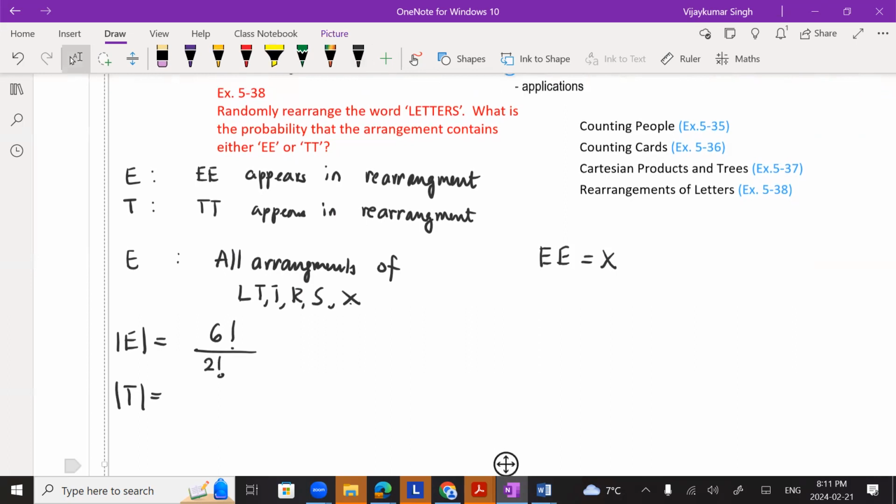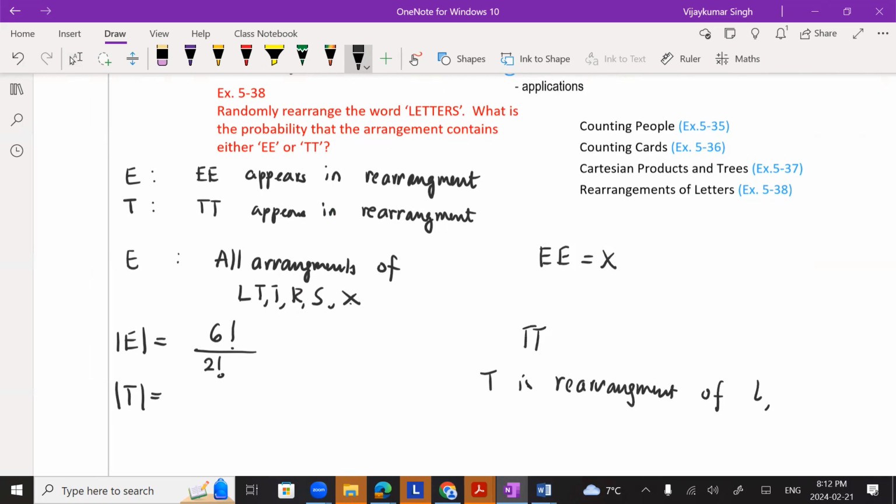T is a rearrangement of L, and let's call TT to be Y. Then we have E, Y, E, R, S. So that's again 6 factorial divided by 2 factorial.